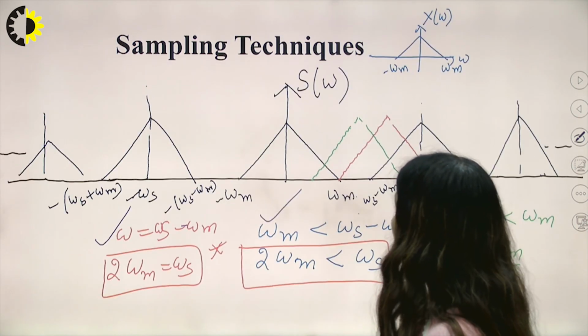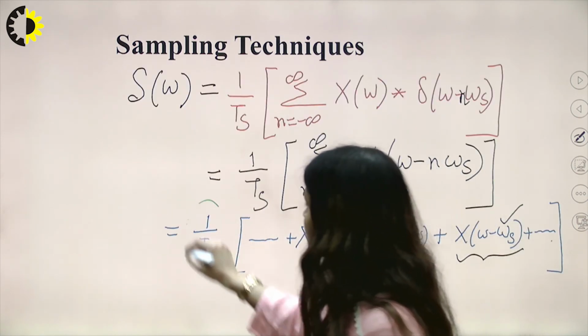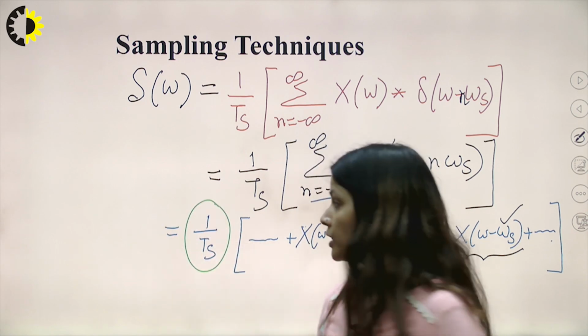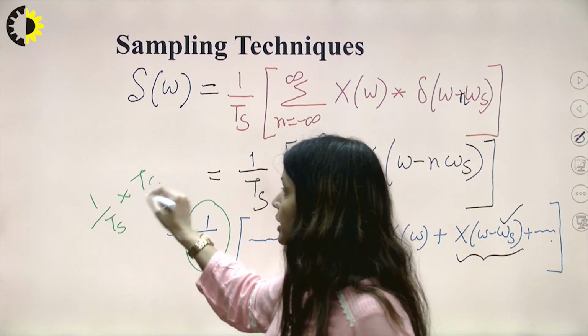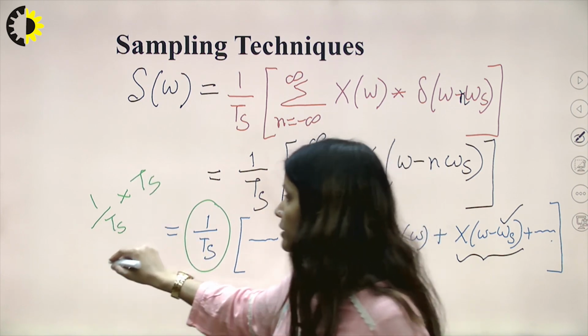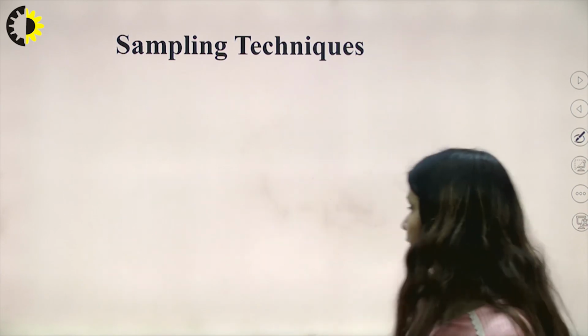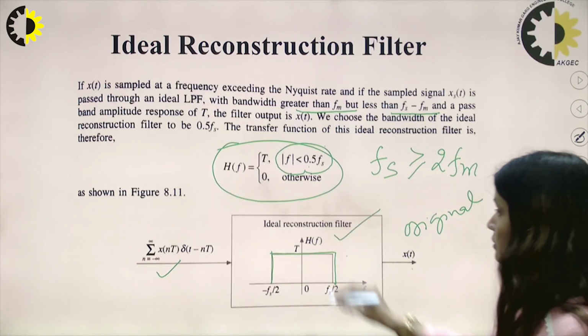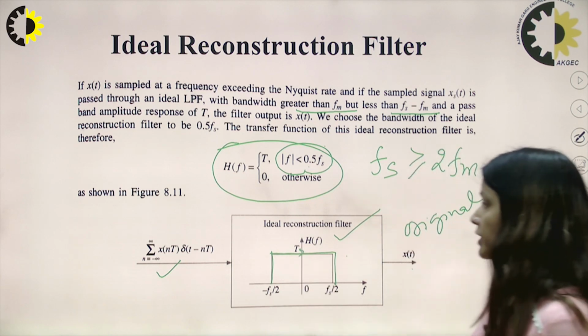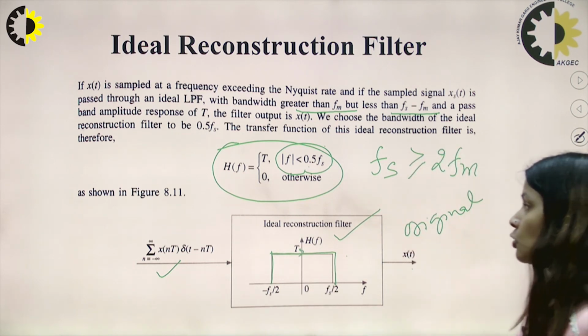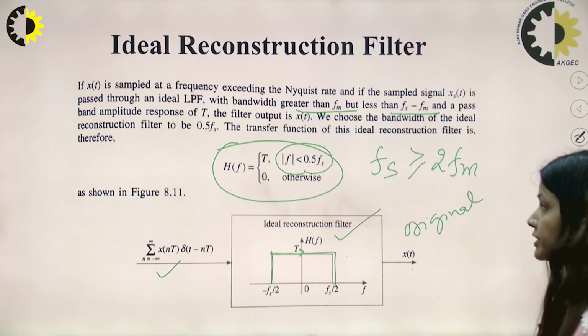From this particular point, we have 1 upon Ts. If I multiply it by Ts, or T, then I will get the amplitude 1. So I have selected this amplitude as T, or you can say Ts. So my reconstruction filter is already designed.